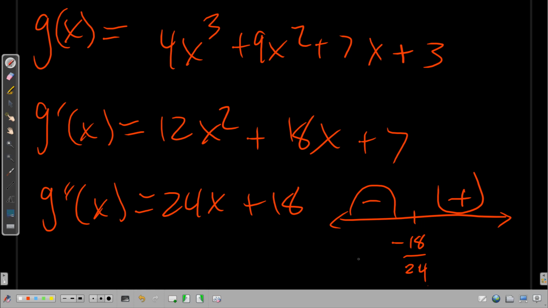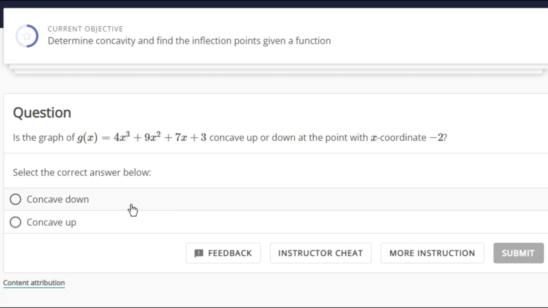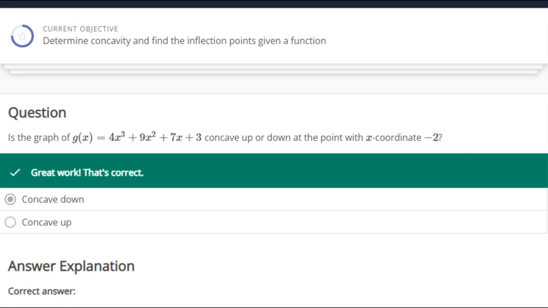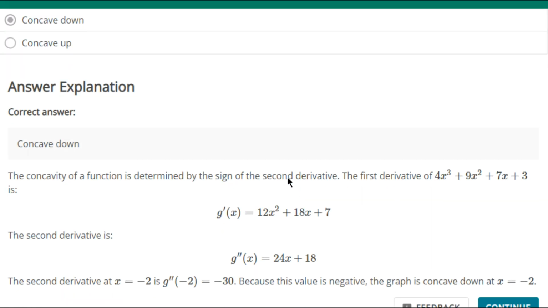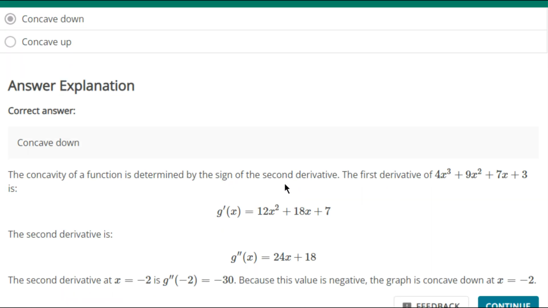right there. And -2 belongs in this region because this is not even -1, and so it will be concave down right there. Now you could stick -2 into the function g double prime, but you're going to learn the exact same thing.